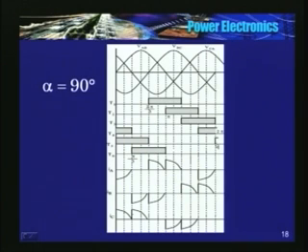So this point is the same as this. After 60 degrees from here, T6 will get triggered. Since the width of the gate pulse could be anything, I have drawn even T4 here. It started from here, at 2 pi, and I could continue in this direction, but instead I have drawn it here.